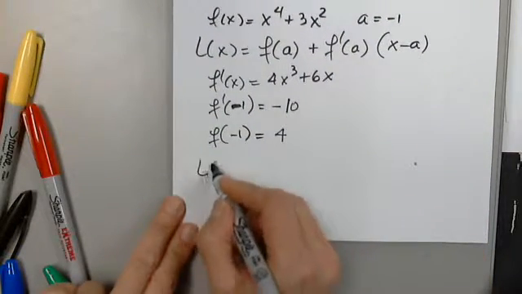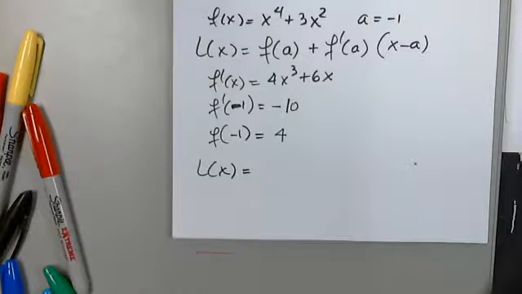So then we have the linearization, or the linear function, that approximates the function near -1. Ready?